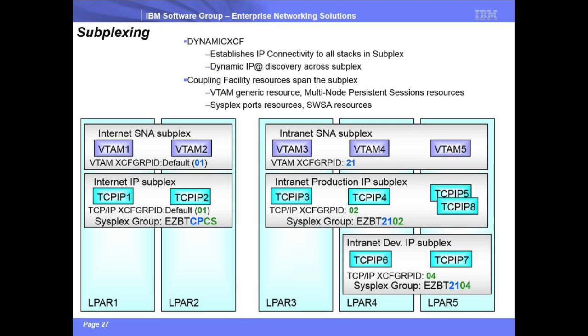In this subplex, information about the Sysplex is only sent between the stacks on LPAR3, LPAR4, and LPAR5. And then finally, a third subplex has been defined for stacks on LPAR4 and LPAR5. And so those stacks would only exchange information about the Sysplex between themselves.